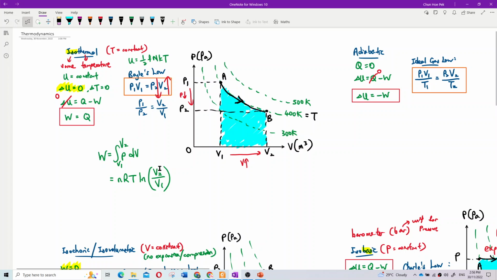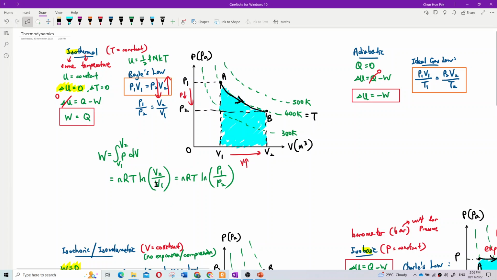Okay, good. So you can also change the formula into nRT ln P1 over P2. So it's either you use volume 2 divided by volume 1, or pressure 1 divided by pressure 2. This one is V final over V initial. This one is P initial over P final.